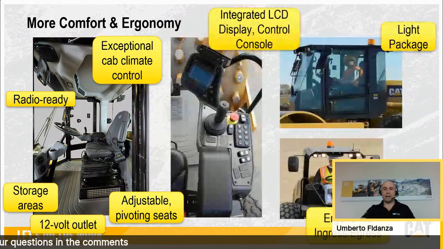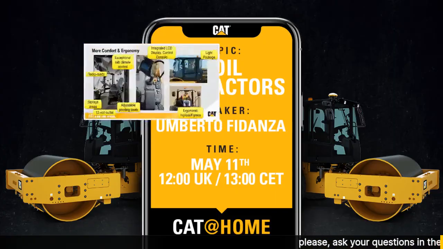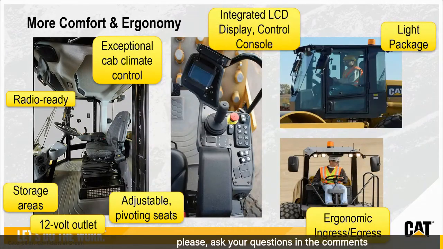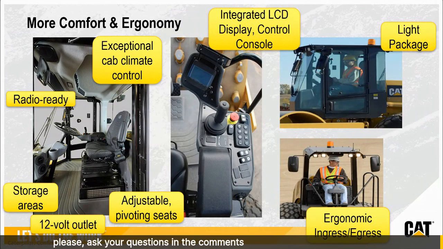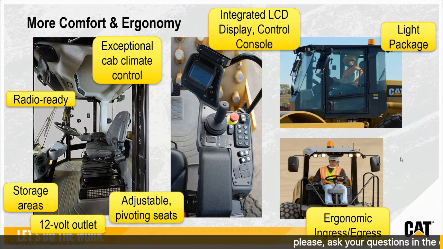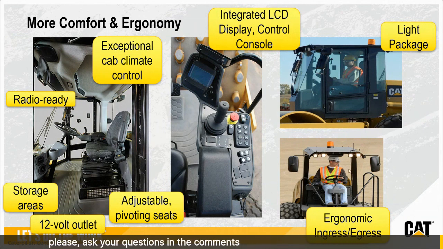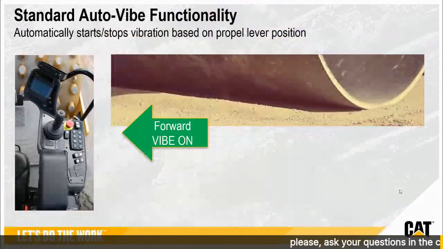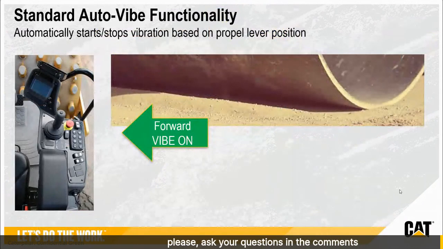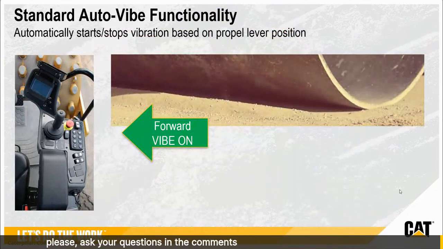Also, we have the armrest with the propel lever and all the controls at your fingertips, integrated LCD display with anti-vandal protection, light package for comfortable nighttime operations, and also in the open platform in sun canopy version, ergonomic ingress and egress.